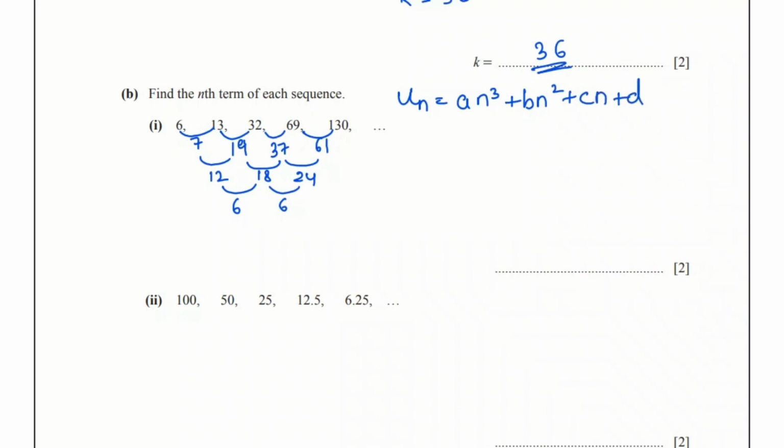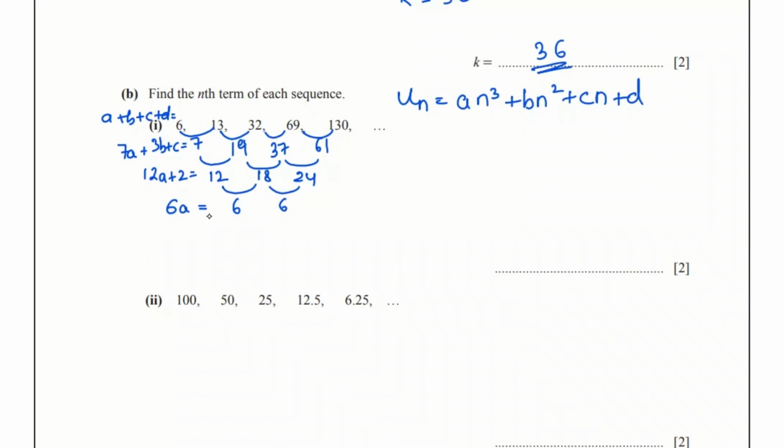The first differences start with 7a plus 3b plus c, the second with 12a plus 2b, the third is 6a, and for the first term we have a plus b plus c plus d equals 6.